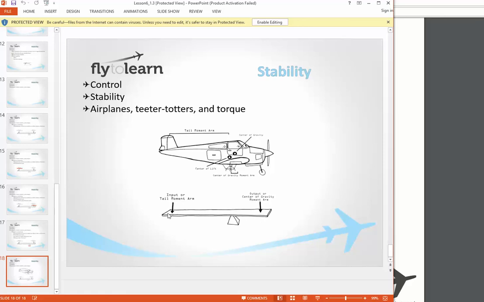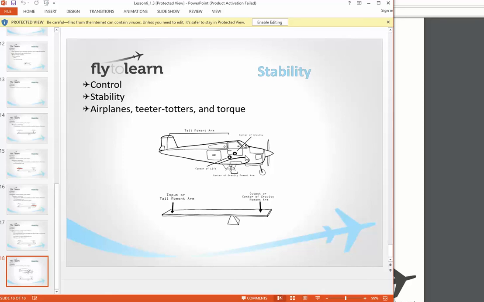If I were to throw my elevator down, my nose is going to go up. So you need only a small force over a long distance to create a big force over a small distance. That's why the elevator is able to control almost the entire rest of the plane, even though it's all the way at the very end, compared to the nose. And that actually goes for all of the axes, but it's not as easy to tell. So that's why the aileron works as it does, and the rudder.